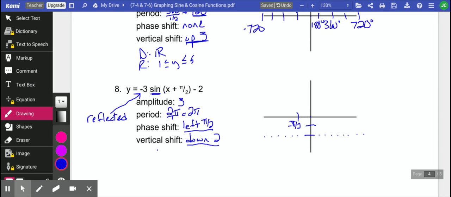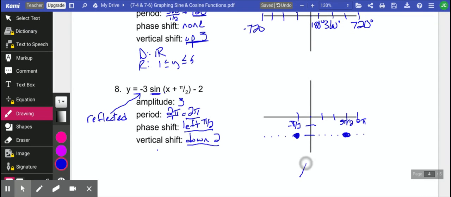And remember, we're now down here at this midline, so this is our new origin point. Now, normally we would get through this whole cycle in 2 pi, so here's 2 pi. But that has also been shifted left pi over 2. So here it is at 3 pi over 2.